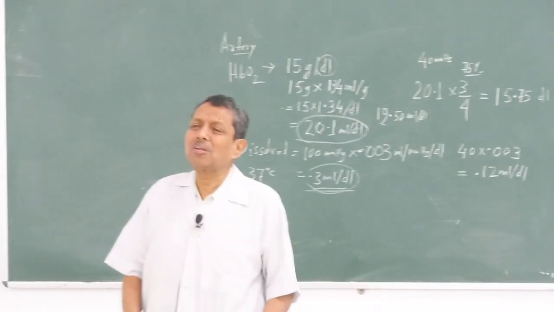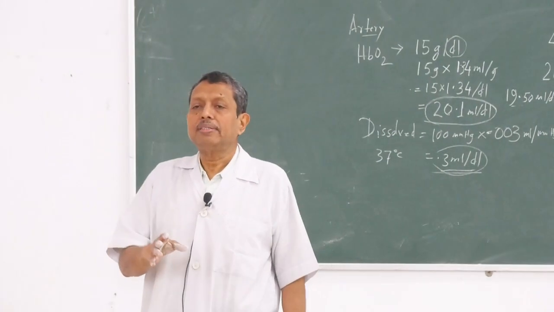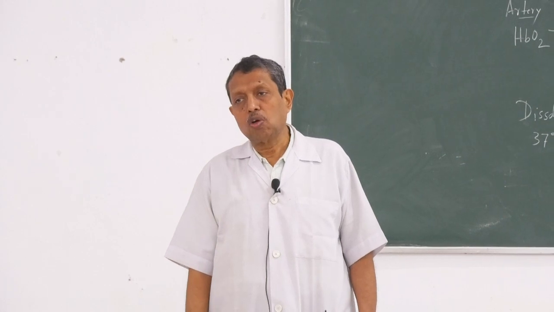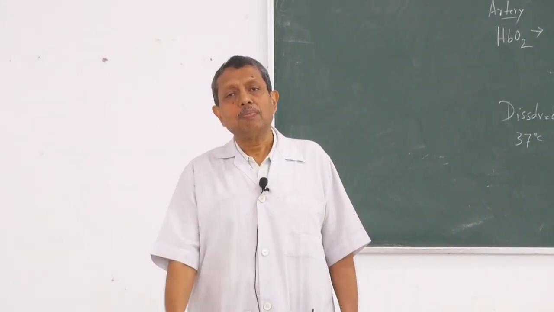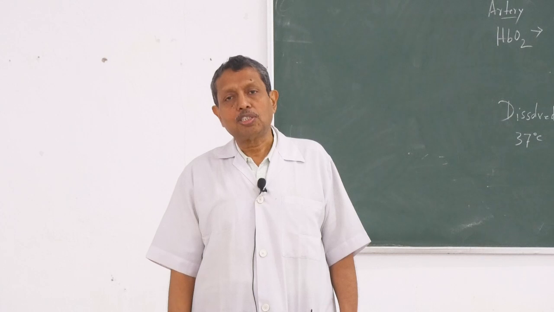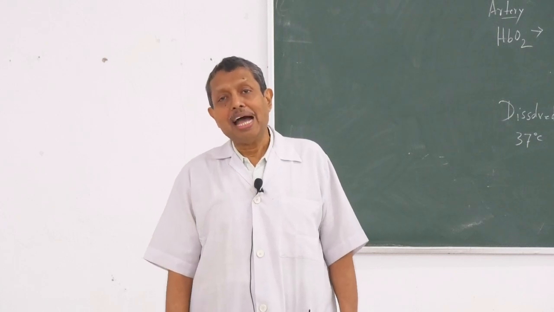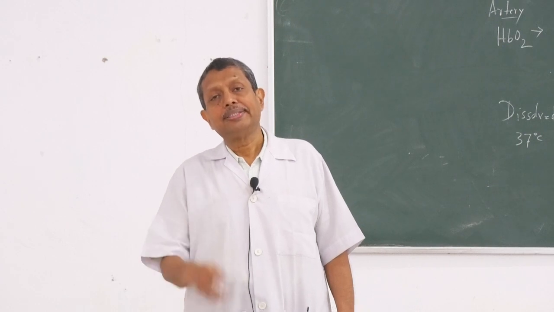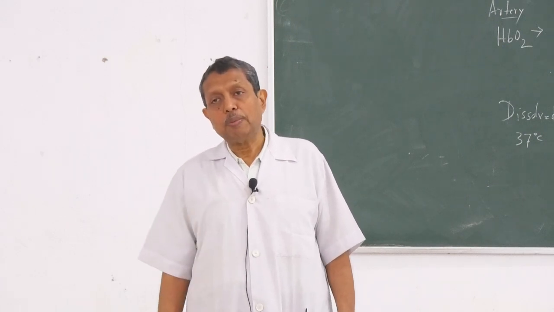And you all can remember that hemoglobin is formed of four subunits. Hemoglobin A, which is present in the maximum amount, consists of 2 alpha chains and 2 beta chains. Their amino acid numbers are also different.